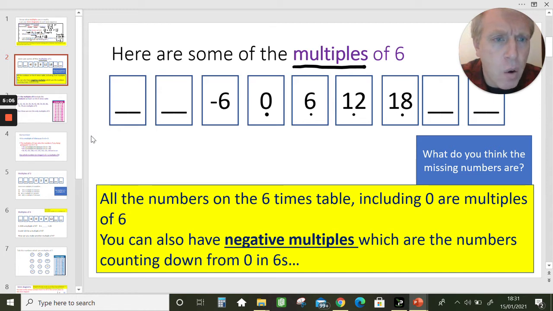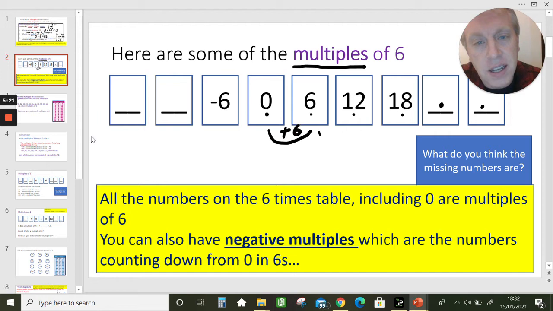So pause the video. What do you think we'll put here and here? Can you see the pattern? Okay, it's the 6 times table. We're counting in sixes, aren't we?